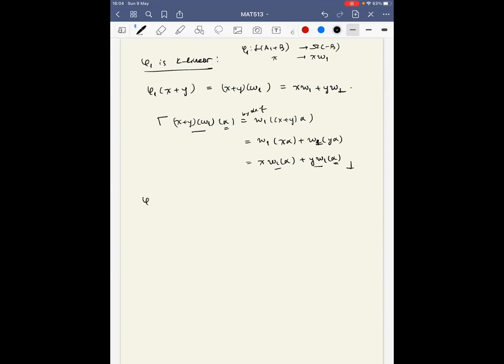And similarly, the image of c times x is going to be c times the image of x, because again, if you consider the definition of scalar multiplication of a Weyl differential, and since omega 1 is k-linear by its definition, we get this equality for any adele alpha. And indeed, this shows us this equality.